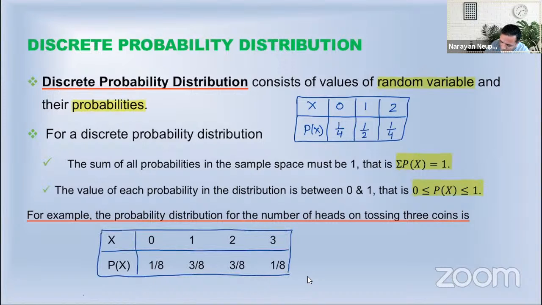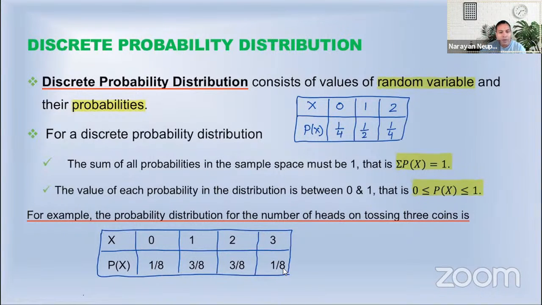Now, if you want to check whether this is a probability distribution or not, again, you have to check those two things. If you add all these, it should be 1. You can see 1/8, 3/8, 3/8, and 1/8. All of them have a common denominator of 8. If you add the numerators, 1 plus 3 is 4, 4 plus 3 is 7, 7 plus 1 is 8, 8 over 8 is 1. So it satisfies the first condition: the sum of all probabilities is 1.